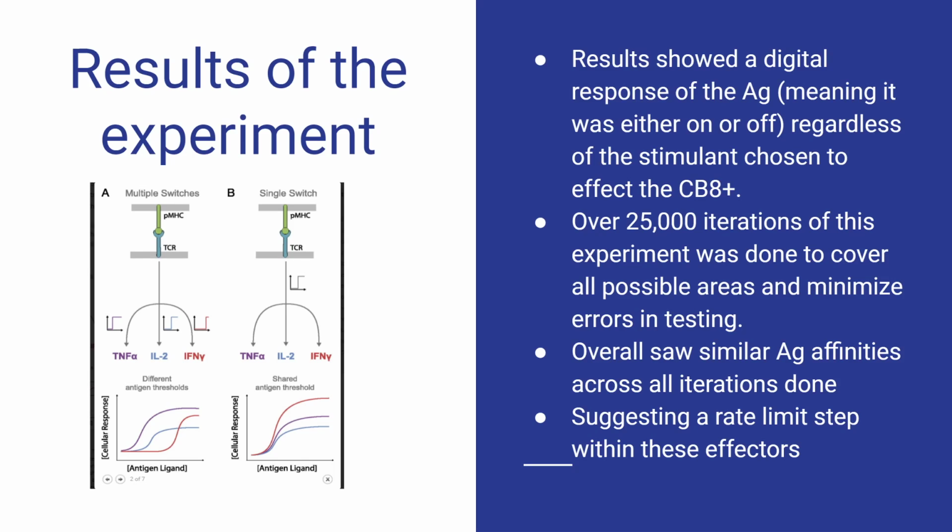This really blew a hole in the previous understanding, that the AG had some sort of memory that would gauge the response based on the pathogen. And more importantly, probably the most interesting part, this suggests that there's some other rate limiting step in these effector responses that is limiting the production of T cells.